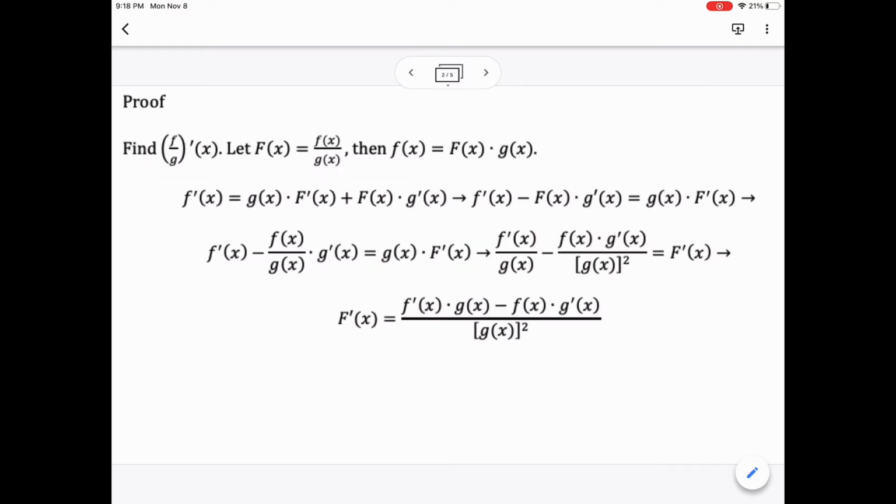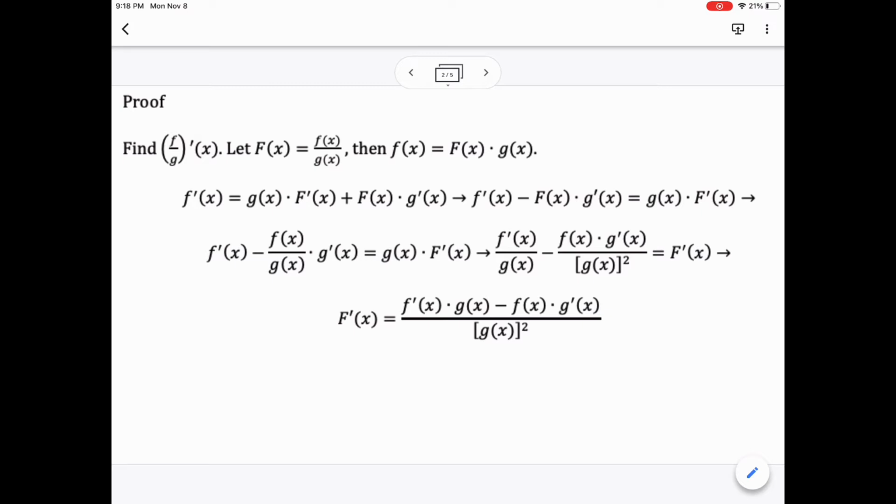Because we have the product rule, now I'm able to find the quotient rule by manipulating that with the following expressions. If I let a capital F of x be equal to f of x divided by g of x. And so really what I'm doing here is I'm saying f of x is equal to capital F of x times g of x, I can use the product rule to rewrite that and then move some things around.